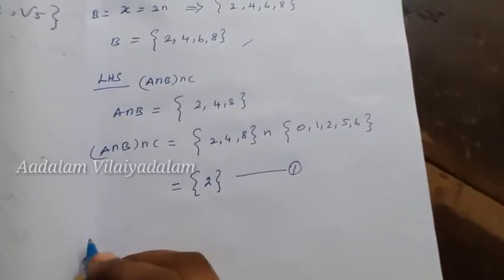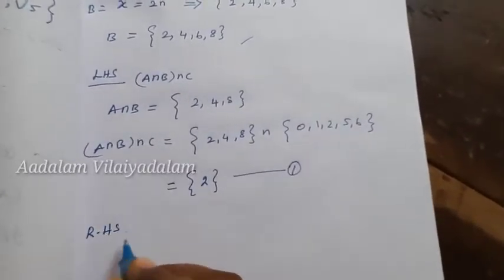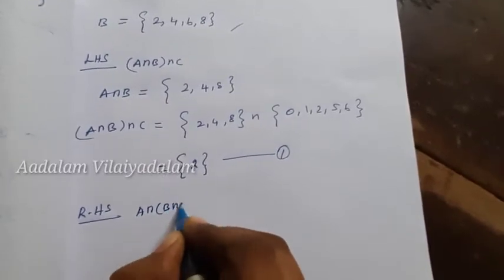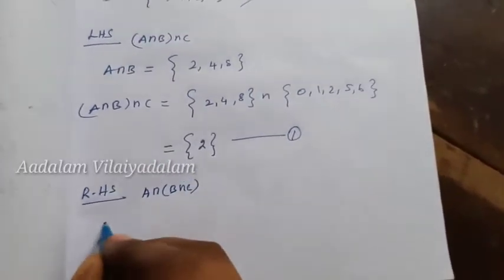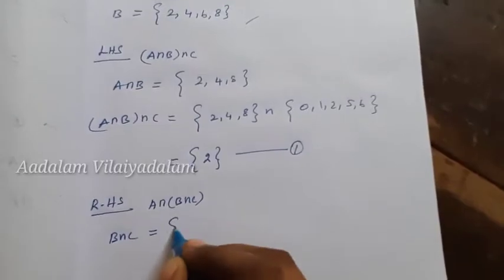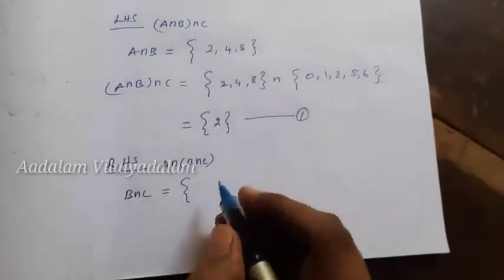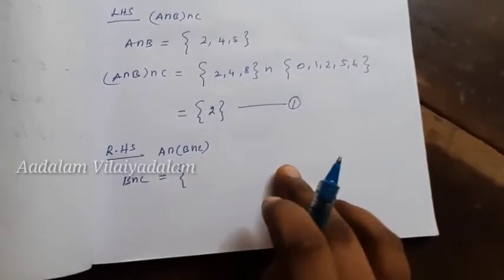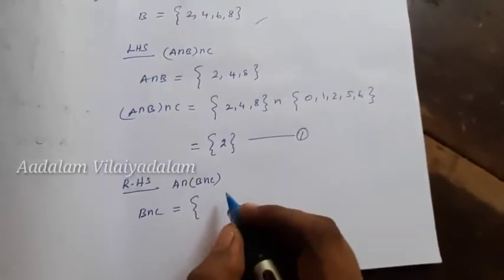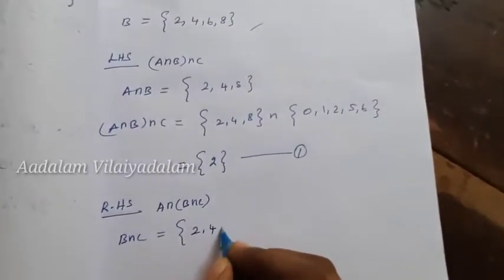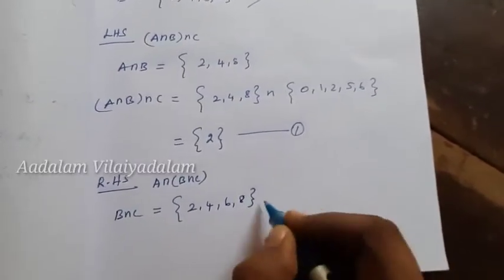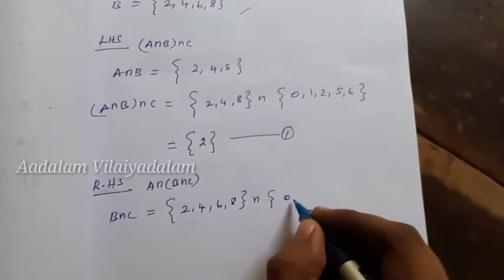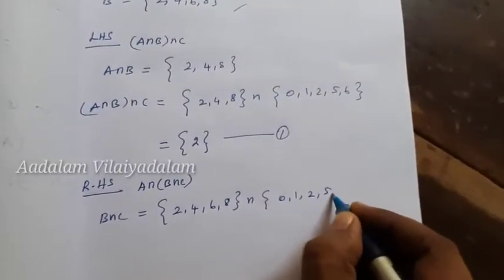Let's move to the RHS, that is A intersection (B intersection C). Let's find B intersection C. If you are unable to find it, just write set B and intersection with set C: 2, 4, 6, 8 intersection with 0, 1, 2, 5, 6.